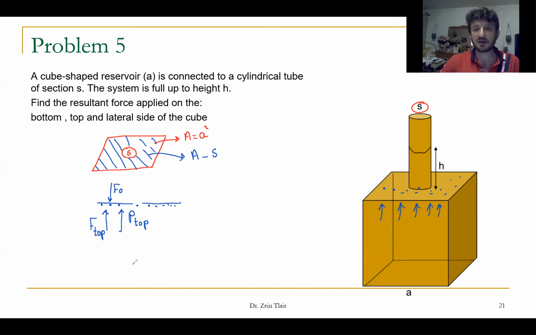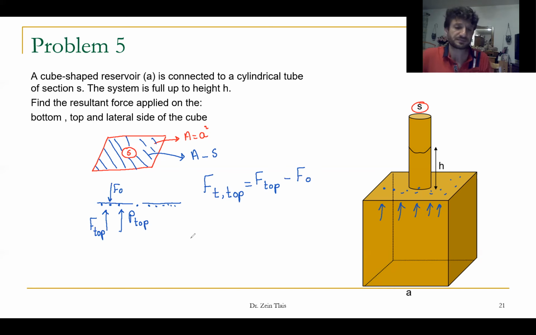We can say F total at the top equals F applied from inside, called F top, minus F applied from outside, F0. We can follow the same calculation as before.